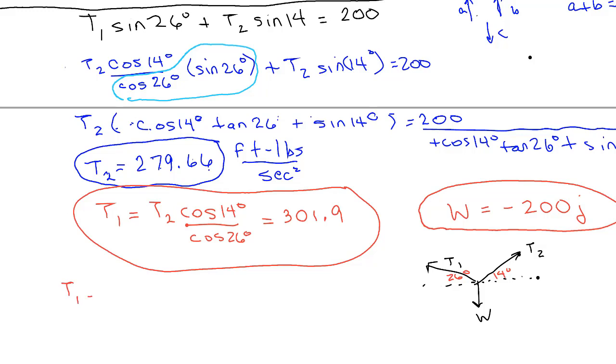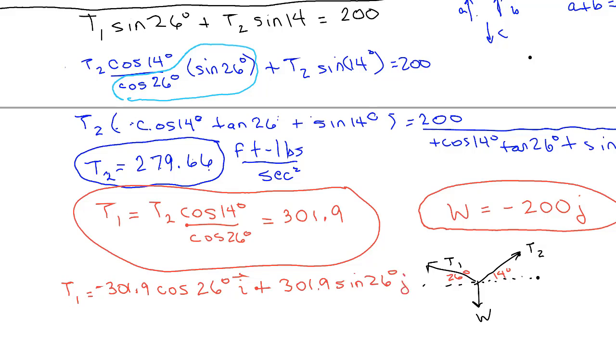T1 is going to equal 301.9 times the cosine of 26 times I. This is minus, because I'm going in the negative x direction. Plus, and the y is going in the positive direction, so I can say 301.9 sine of 26 degrees J.